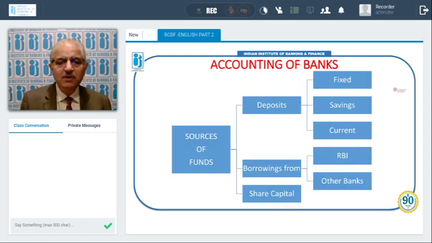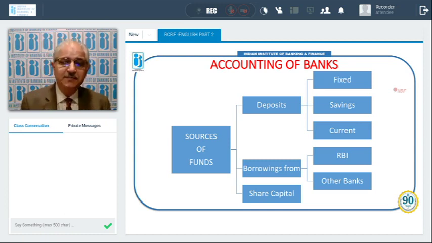Now when we talk about accounting of banks, the sources of funds in case of banks would be your deposits. Deposits can be broadly of three types.